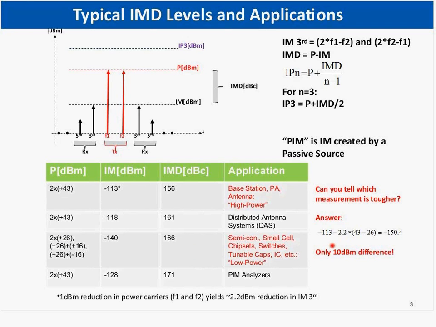Simply minus 113 minus 2.2 times the difference, and the result is minus 150 dBm compared to minus 140 dBm. What I'm trying to point out is that the base station, the high power, is a tougher requirement than the low power, but only by 10 dB, which means we can use the same technology solution for high power as for low power.